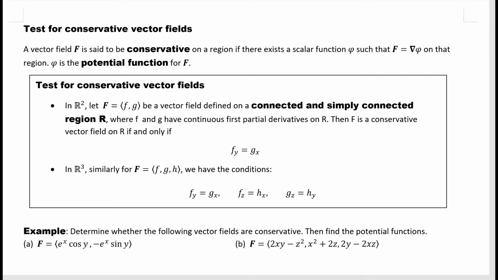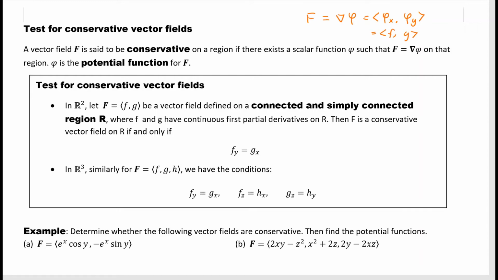If F is a conservative vector field on R2, then F_y equals G_x. Do you remember why that is? Think about it. If F is the gradient field of phi, then F and G are phi_x and phi_y.